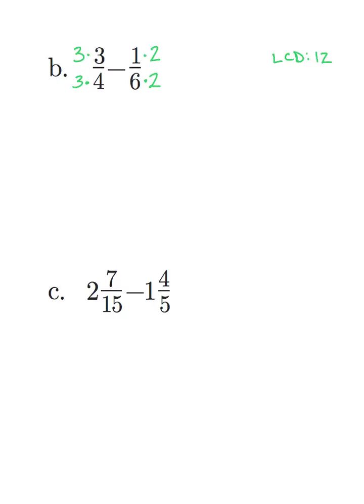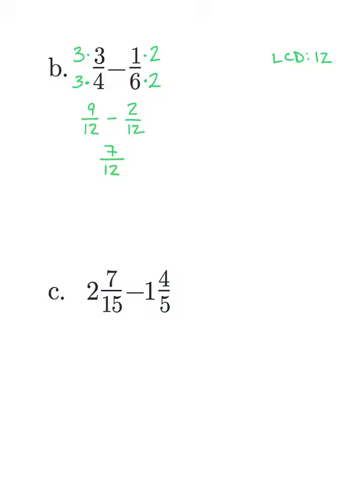Again, whatever I do to the bottom, I have to do to the top. And so now if we go ahead and multiply these out, we get 9/12 minus 2/12. And now I can go ahead and subtract: 9 minus 2 is 7/12.